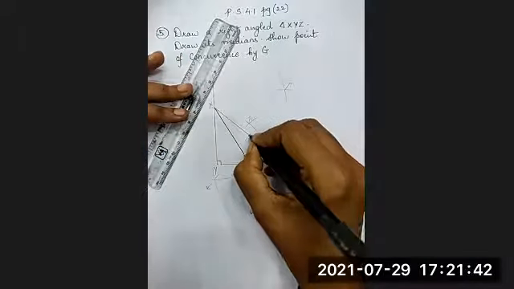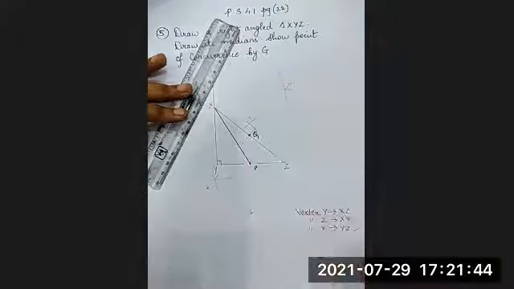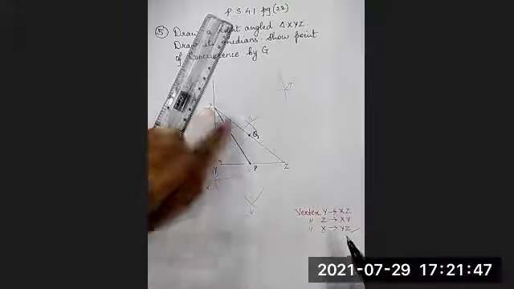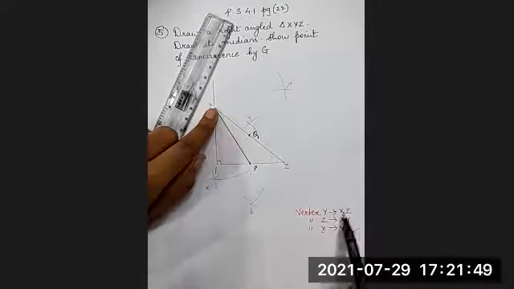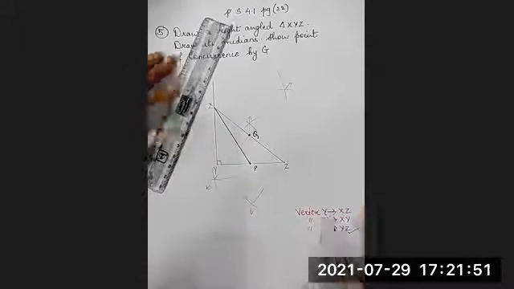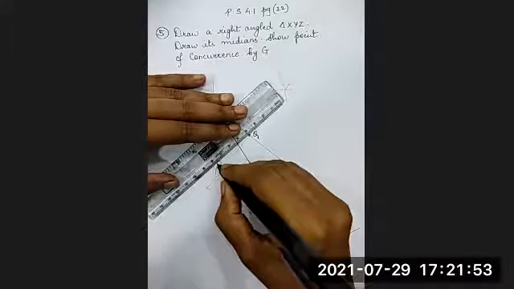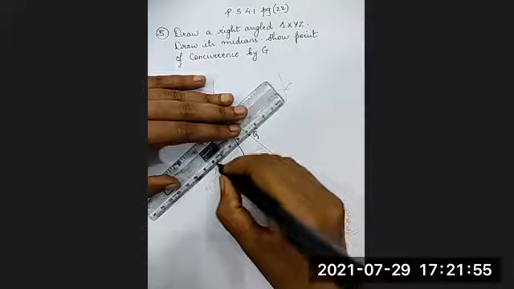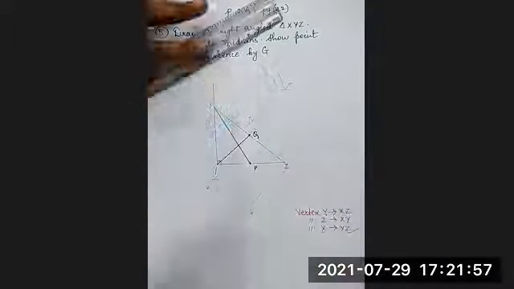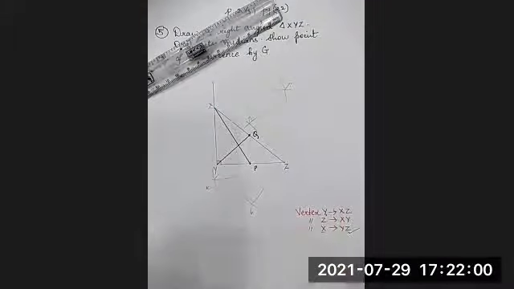I get the midpoint here. I'll name it as Q. Now for side ZX, my vertex is Y. So I will draw a line from Y to this point Q. This is my second median for vertex Y and side XZ.